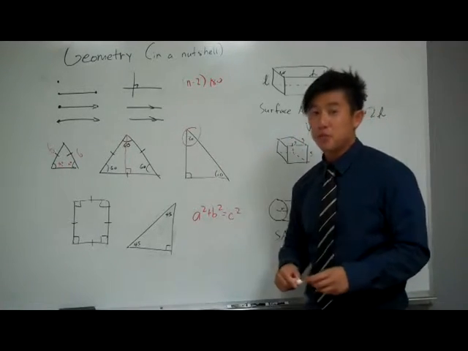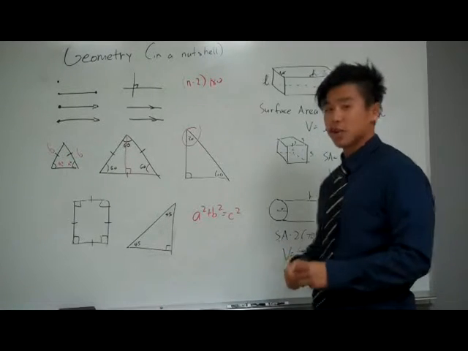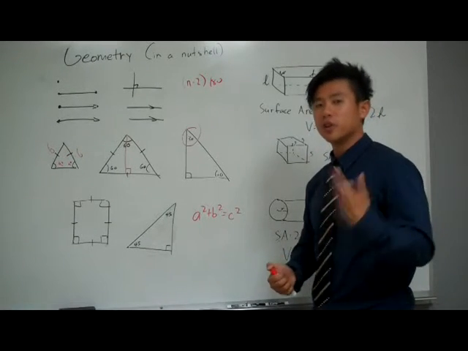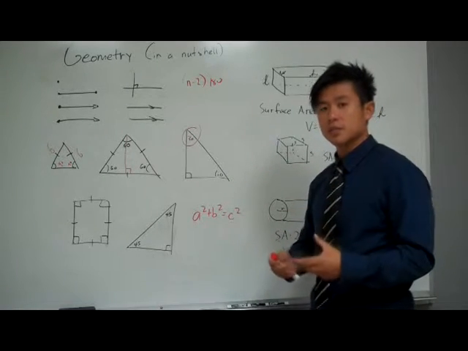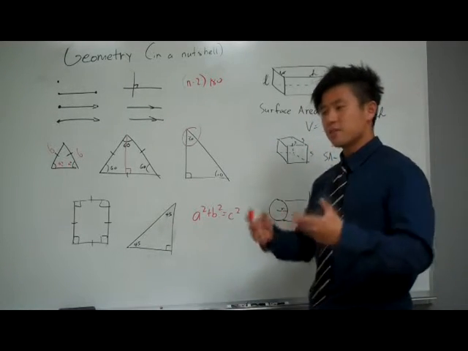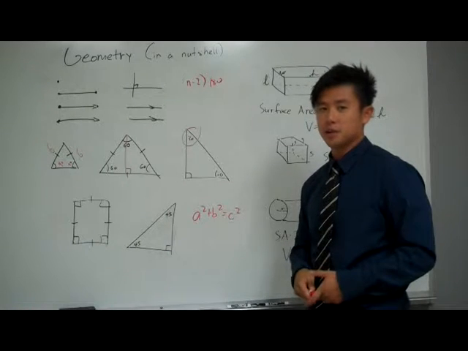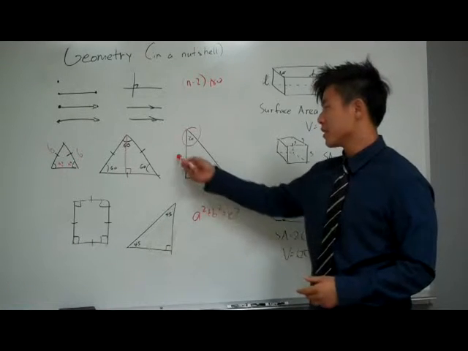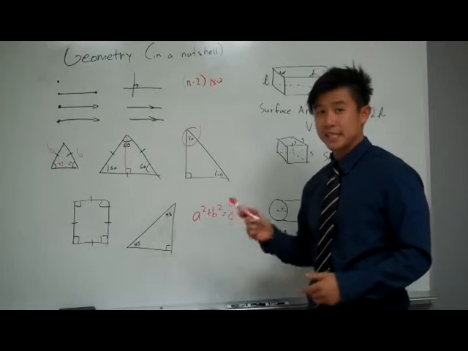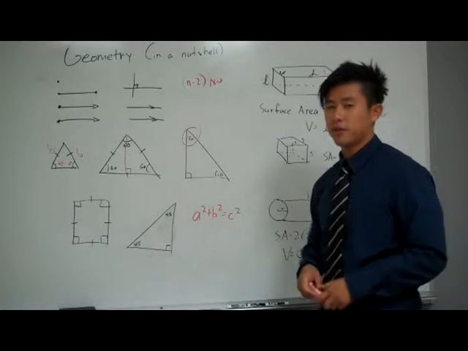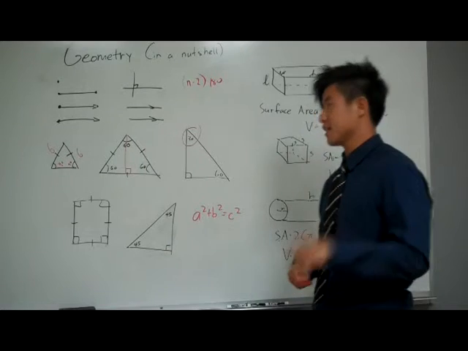There are special properties of 30, 60, 90 triangles that will come up in the SAT over and over and over again. And essentially they're shortcuts. In a lot of problems, you can use the Pythagorean theorem to find the length of the sides. But a much quicker way is to use the 30, 60, 90 principles along with the 45, 45, 90 principle, which we'll go over in a second.